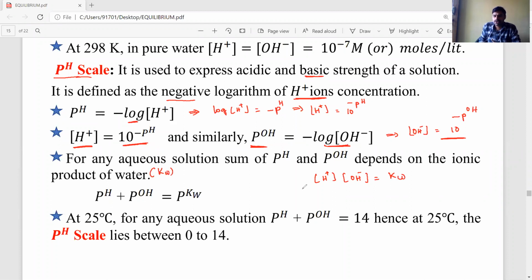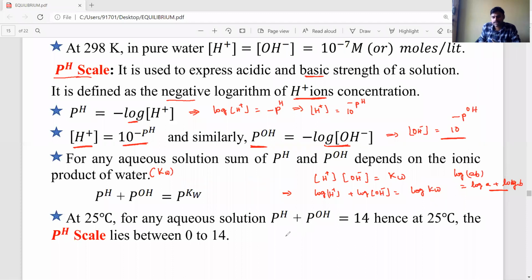For example, you have to apply logarithm on both sides. The formula is log AB is equal to log A plus log B. According to that, log of H plus into OH minus is equal to log H plus concentration plus log OH minus ions concentration, which is equal to log Kw.